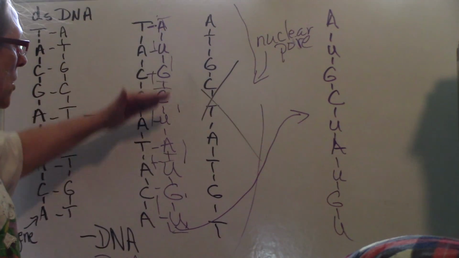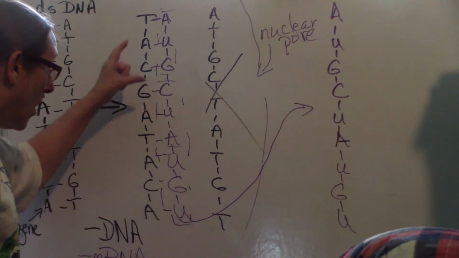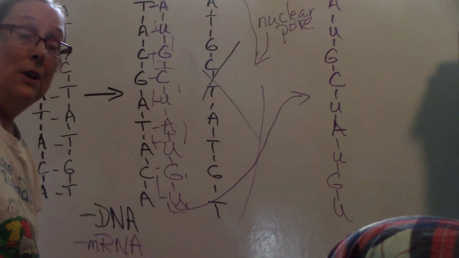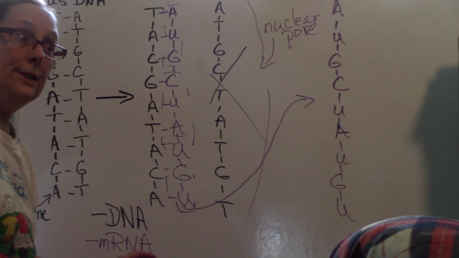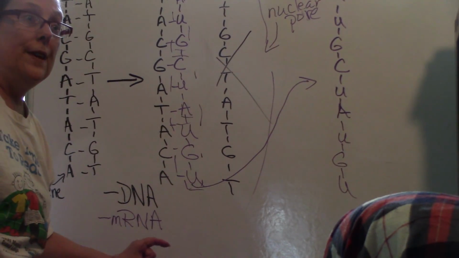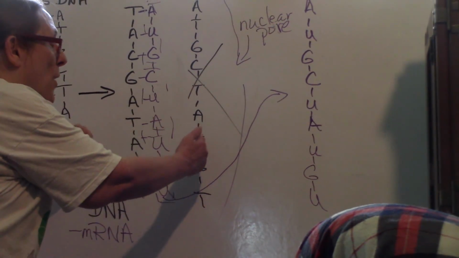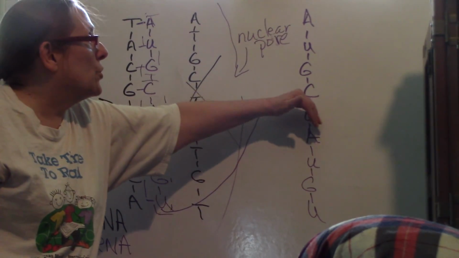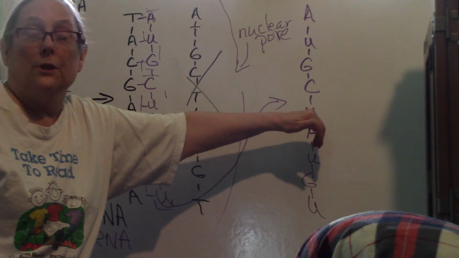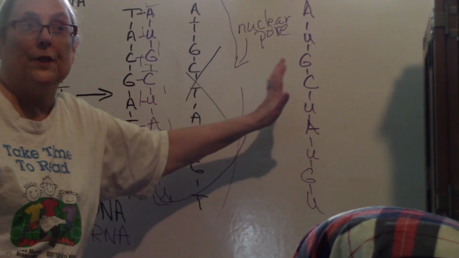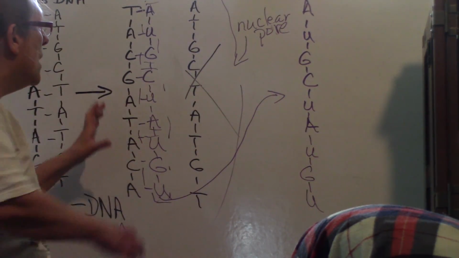Okay, so elongation continues until on the DNA, there are 3 DNA nucleotides that signal termination. This comes apart. The messenger RNA goes out into the cytoplasm, out of the nucleus if it's a eukaryote.